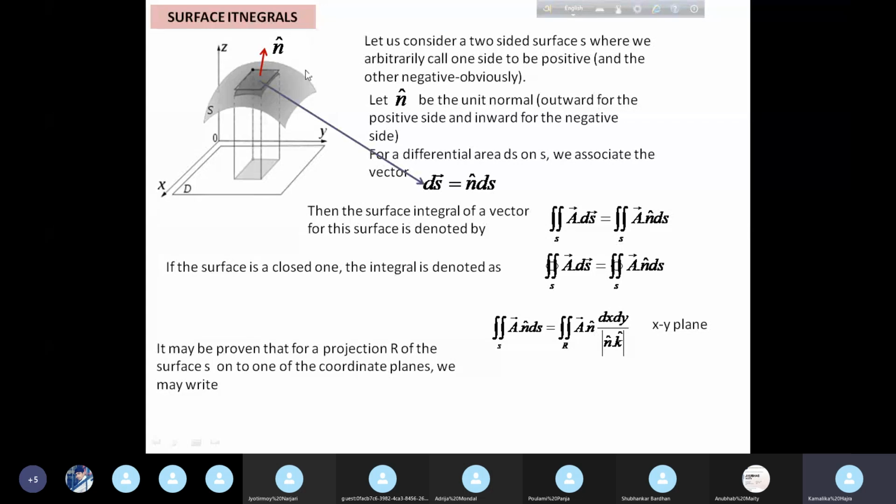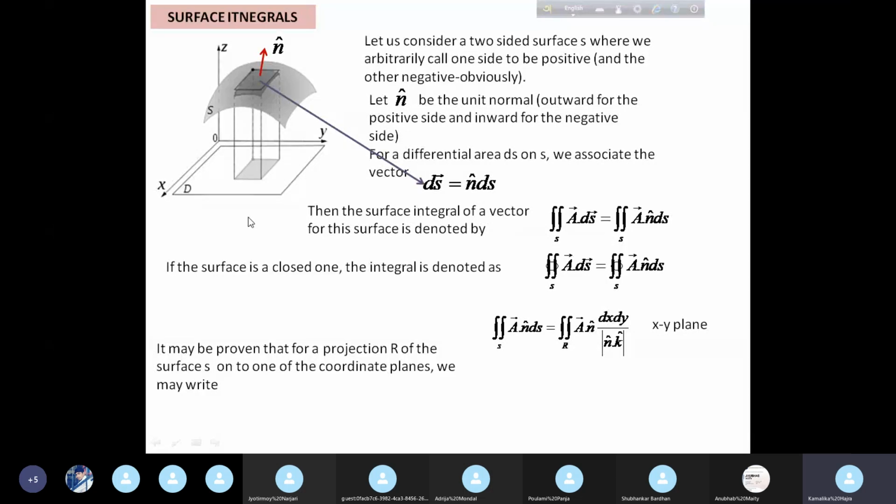Now if you put a source of light over here, I hope all of you can see my cursor, then a shadow will be formed on the xy plane. So this small rectangle on the xy plane is basically a projection of this surface ds. All right, so this will not be d, this will be r actually.